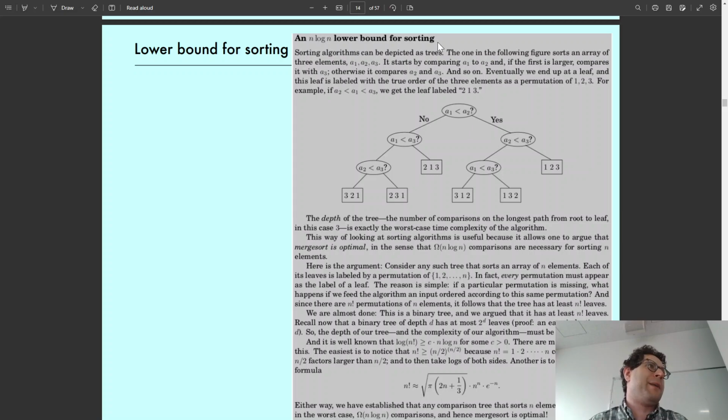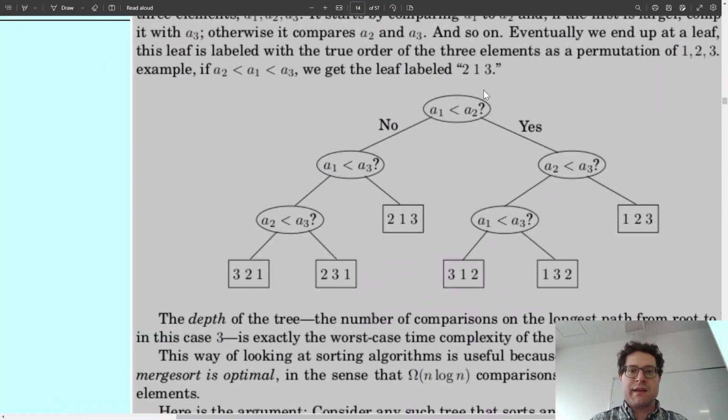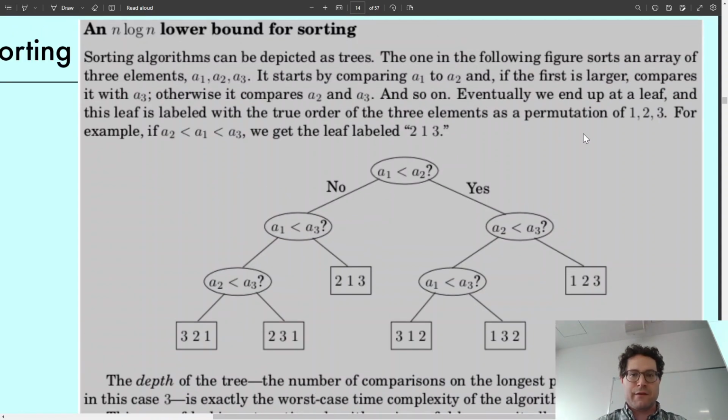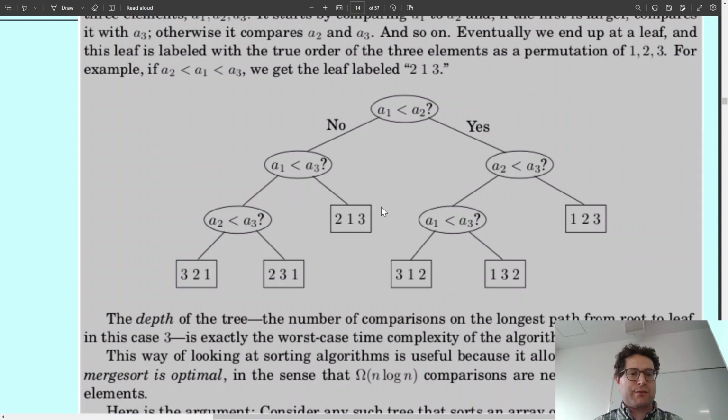You can't do any better, because let's consider you're sorting these items, and every so often you're going to end up at a leaf for 3 items, and basically ask, for these 3 items, this is the decision tree to see what order those 3 items should be in. For those 3 items, it takes 3 comparisons, which is exactly the worst case.